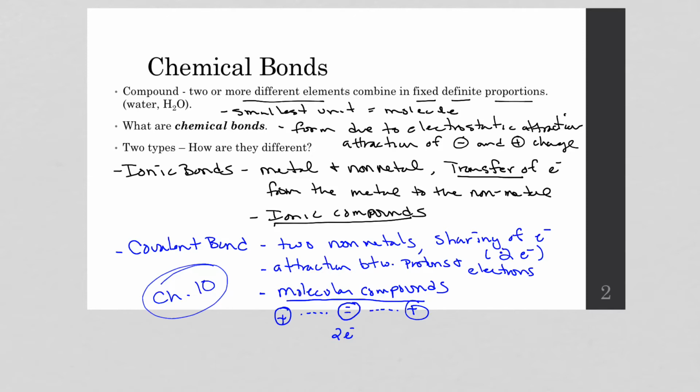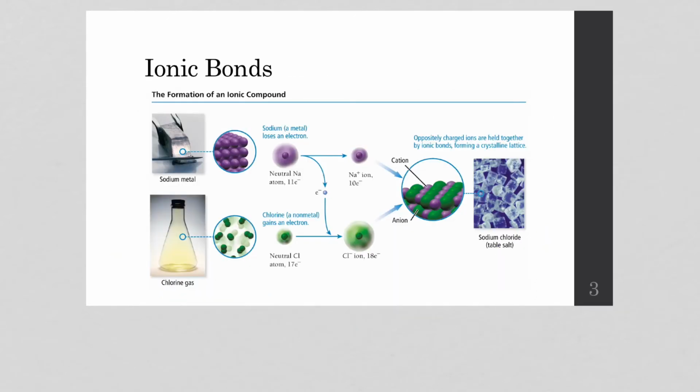So let's focus a minute on ionic bonds. If we look at the formation of a sample ionic bond, let's say we're combining sodium and chlorine, and we're ultimately making sodium chloride, salt, right? We have sodium metal, neutral, a metal.